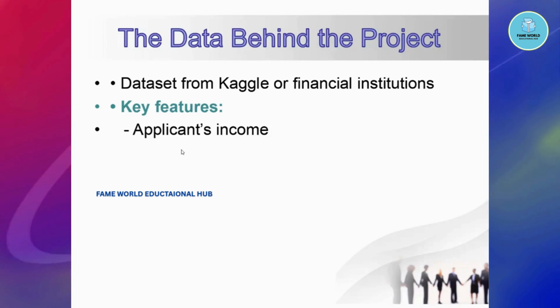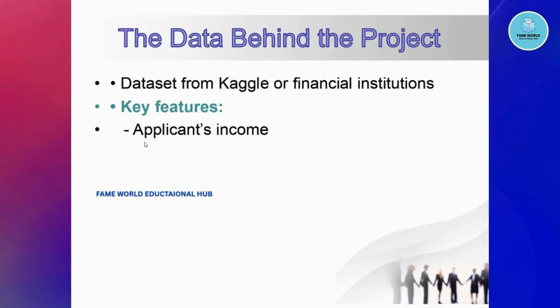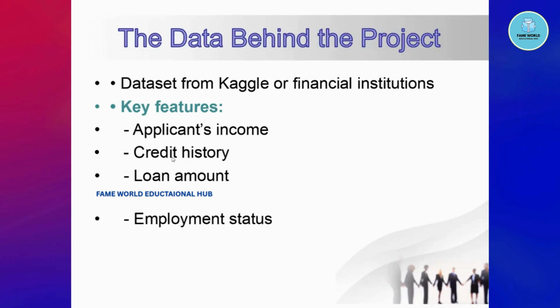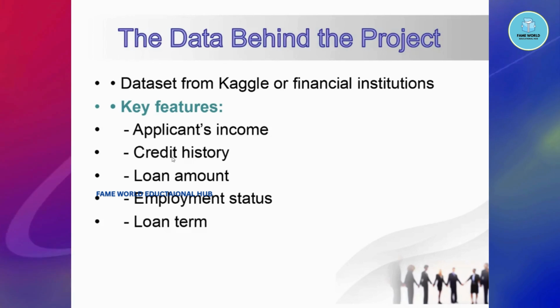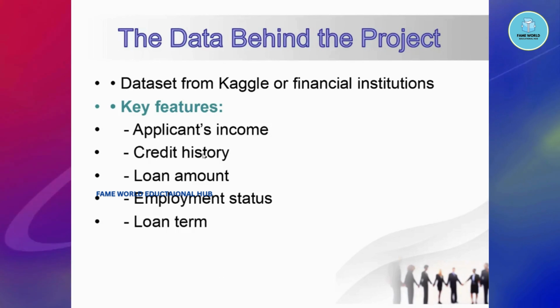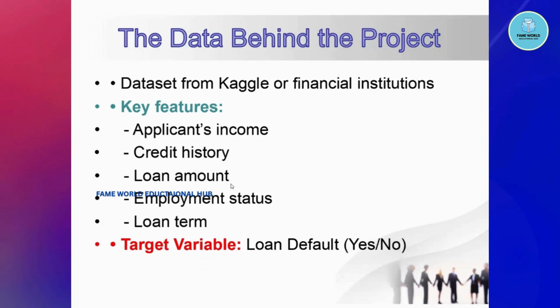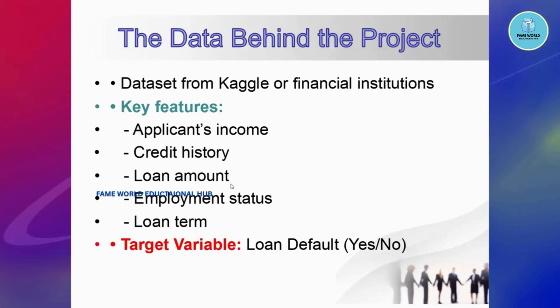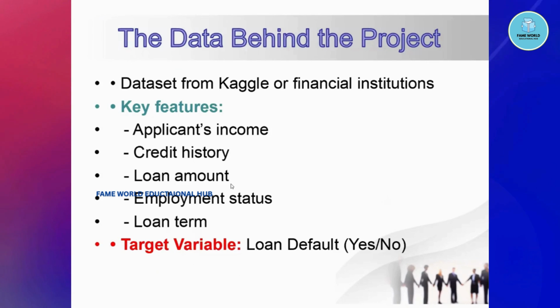The columns or features include details like applicant income, credit history, loan amount, employment status, loan terms, whether they are self-employed or salaried, duration of the loan, and most importantly, there's a target variable. Did the applicant default or not? This is usually a yes or no label. This labeled data allows us to train a classification model, which we will talk about next.